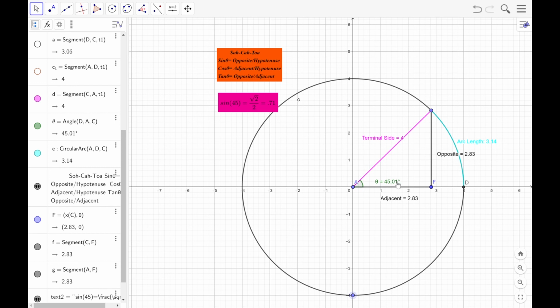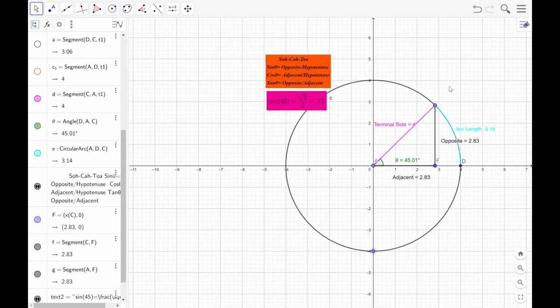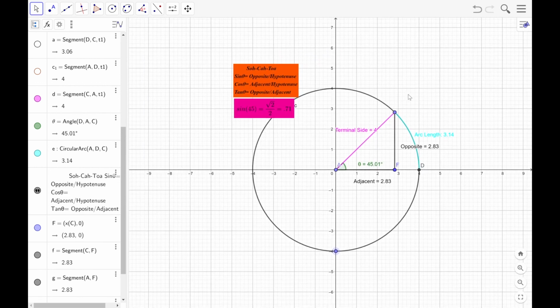So I want you again to do a calculation. Take the opposite side, which is 2.83, and divide it by the hypotenuse, which is 4 here, and tell me what you get. You should get about 0.71. So what does this tell us? Well, the cool thing about trig functions is that it doesn't matter the size of the triangle, right?